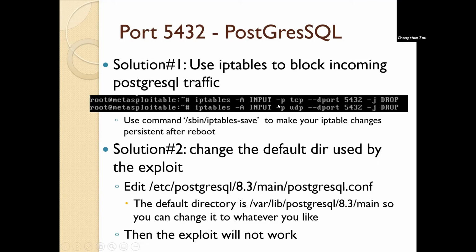Even though most connections are TCP, for completeness we also add a firewall rule on UDP to block the same traffic. And again, if you want to make it permanent, use iptables-save to save this rule permanently. So this is solution 1.